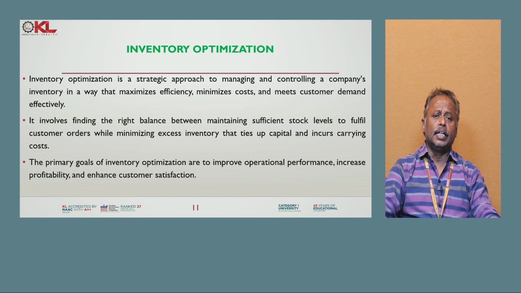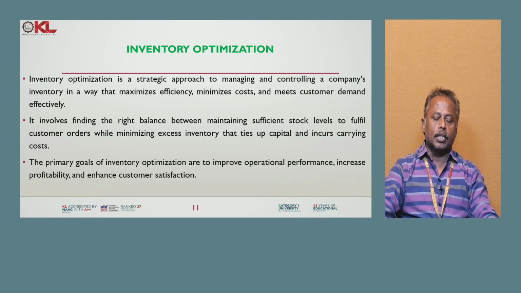Next, we will discuss inventory optimization. So, inventory optimization is the strategic approach to managing and controlling the company's inventory for maximum efficiency, minimizing cost and meeting customer demand effectively.